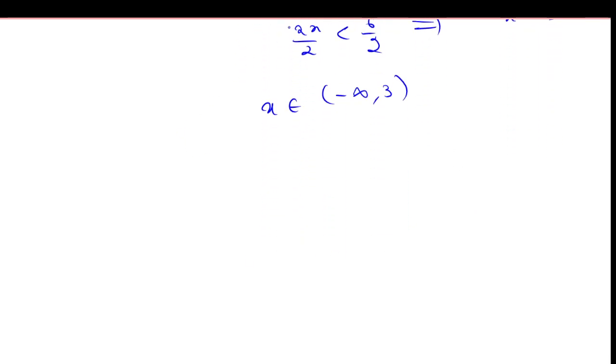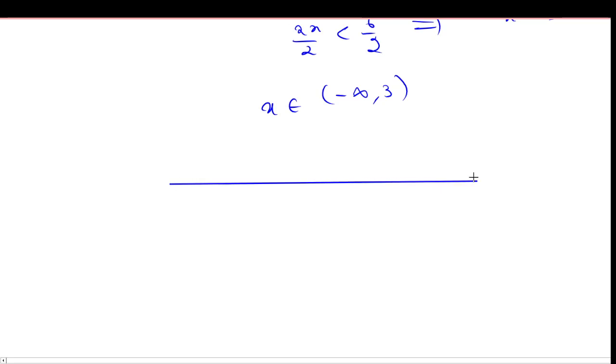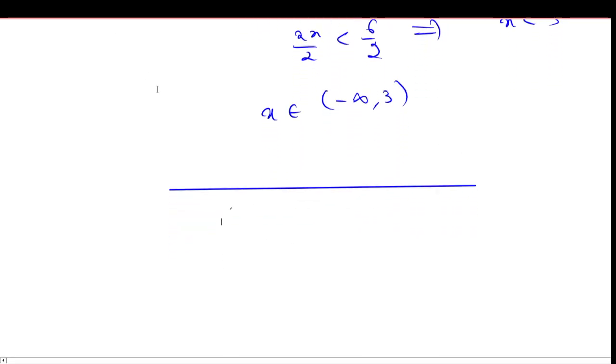So now we construct the number line. This is a number line. So x is less than 3.